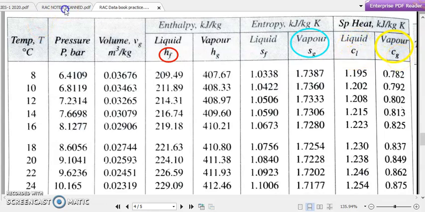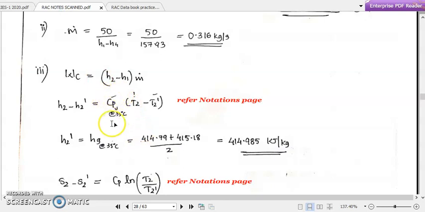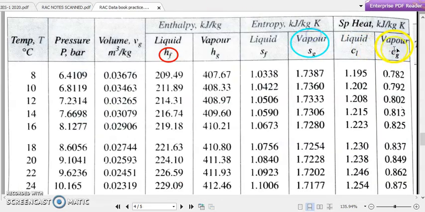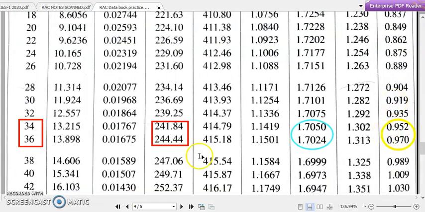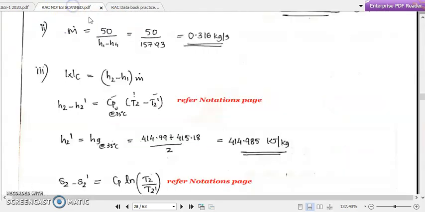Here we want the Cpv value, the specific heat at constant pressure for the superheated state or vapor. We go for the vapor specific heat value at 35 degrees Celsius. It is not directly given, so we can interpolate between 0.952 and 0.97, which is 0.96, and that is directly given in our question.